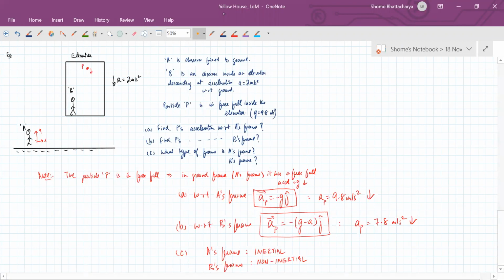So far we haven't talked about the application of Newton's laws, how that is affected by reference frame being inertial versus non-inertial. We're just looking at the definition of what is inertial frame and what is non-inertial frame.